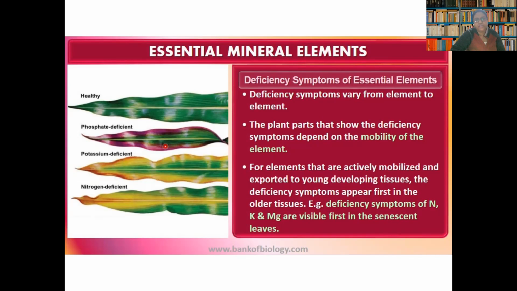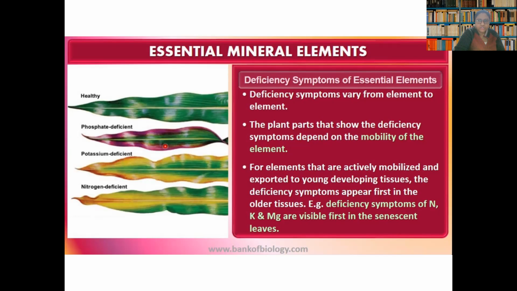Now if in between there is a deficiency, that the specific element the plant is not able to get by normal means, then what will happen? Then the plant has to understand that it cannot sacrifice those elements. So what it has to do, it has to call them from the old part to the new part, because for the plant, if it has to choose between old and new, obviously the new part is more important.